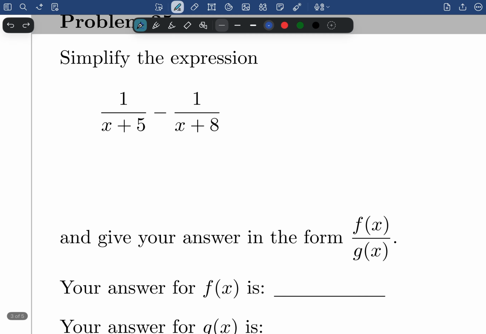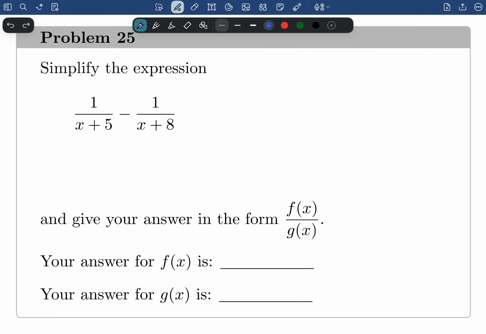In fact, what I would do if I were you for this problem is I would say, well, I've got x plus 5, but I'm missing the other denominator, x plus 8. And so I multiply the missing factor on top and bottom of the first fraction. And then in the second fraction, I have an x plus 8, but I'm missing an x plus 5.